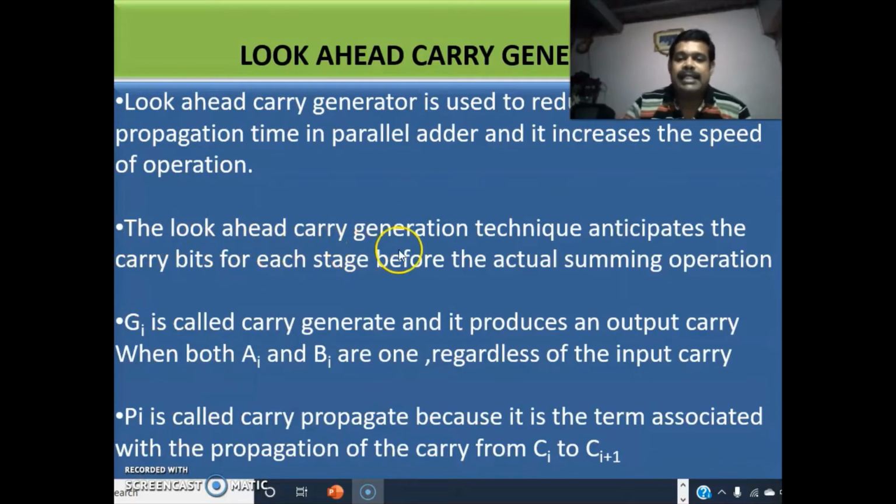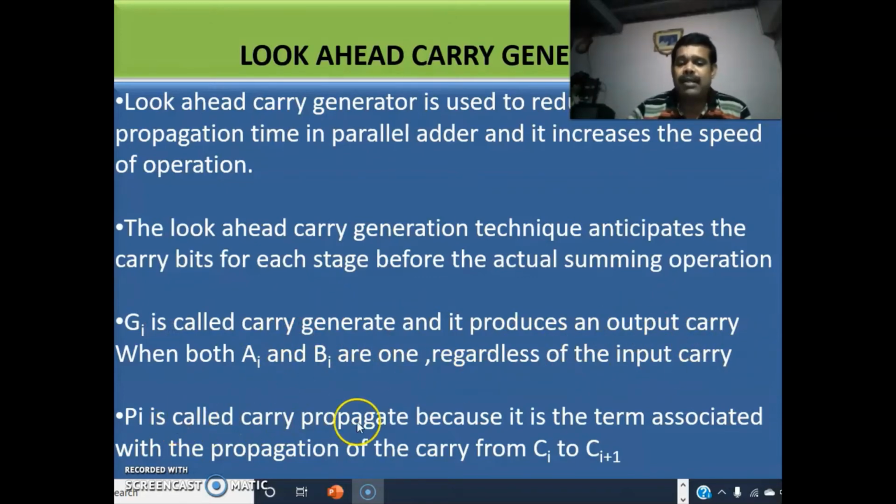The look ahead carry generation technique anticipates the carry bits for each stage before the actual summing operation. So here, before doing the summing operation, we are anticipating the carry generation. Gi is called carry generate, and it produces an output carry when both Ai and Bi are 1, regardless of the input carry.